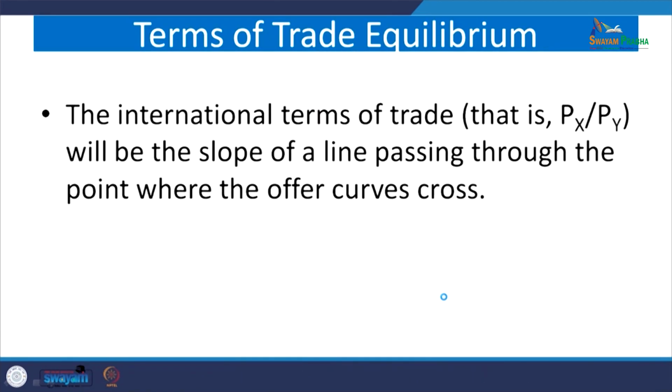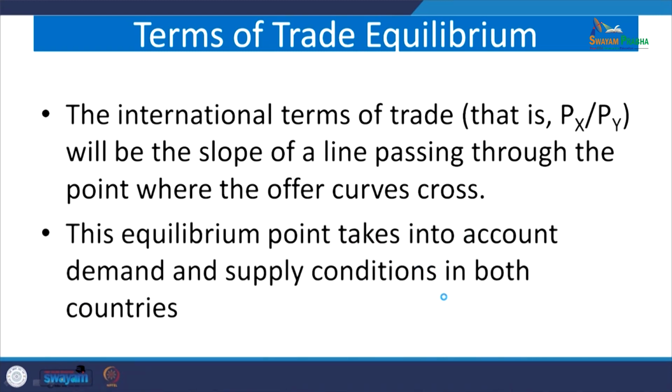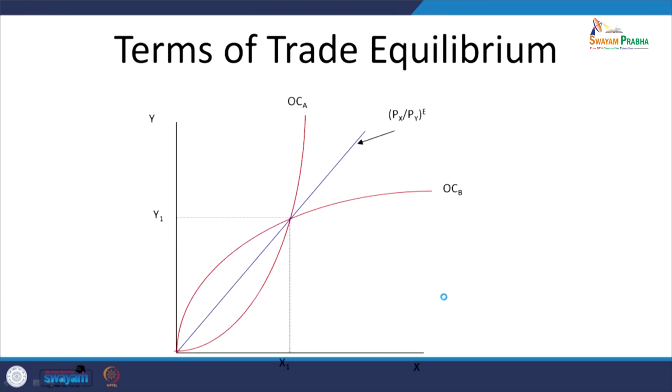So, let us come back to the understanding of equilibrium. The international terms of trade, that is Px by Py, will be the slope of a line passing through the point where the offer curves cross. The equilibrium takes place between the demand and supply conditions in both countries, because it counts not just the domestic demand and supply, but also the external demand and supply.